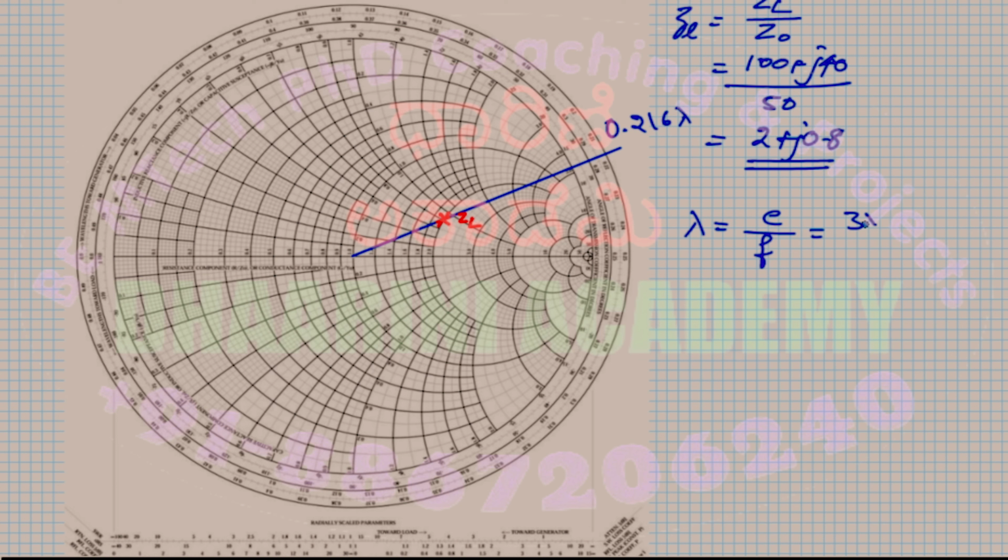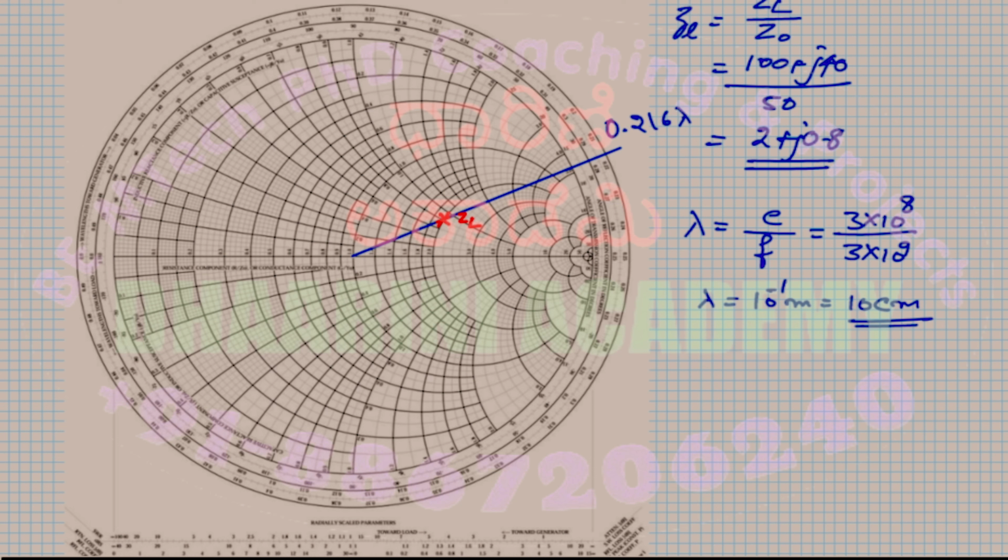So c is 3 into 10 to the 8 divided by the frequency, 3 gigahertz, 3 into 10 to the power 9. So the lambda is simply 10 to the minus 1 meters, or 1 by 10 of a meter, which is 10 centimeter.